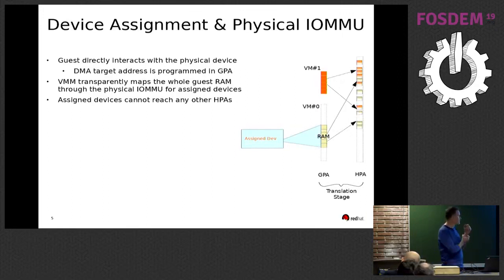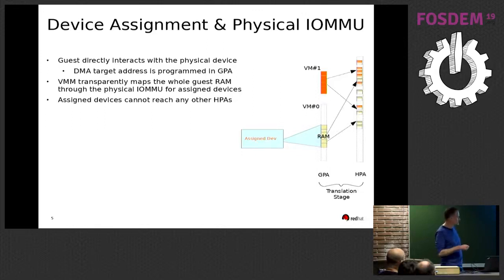So somebody in that process needs to map this guest physical address onto the host physical address that backs the guest RAM. And besides this actual translation, what we want also is to guarantee that the assigned device won't be able to reach any other host physical address.